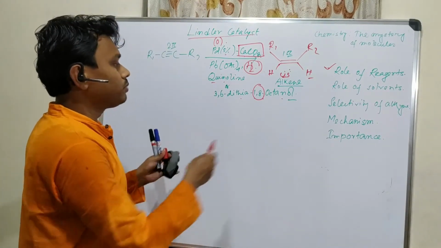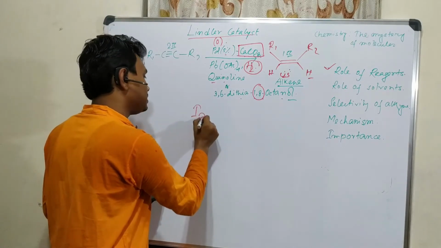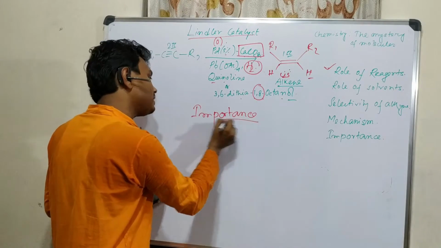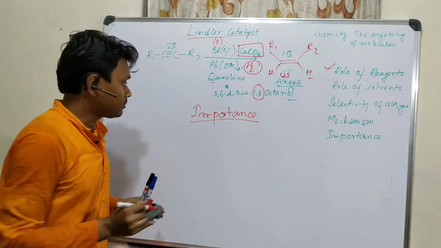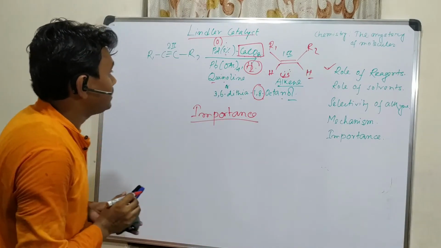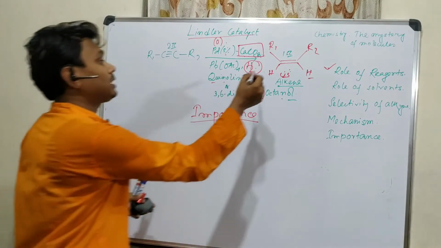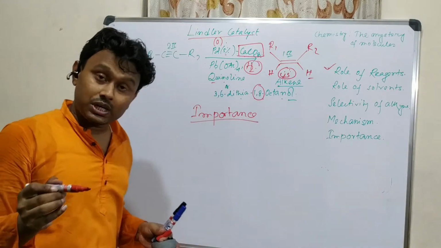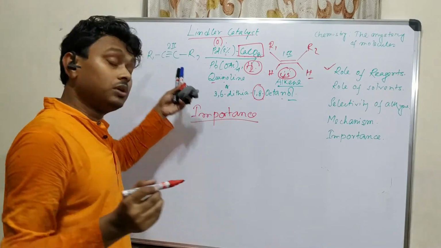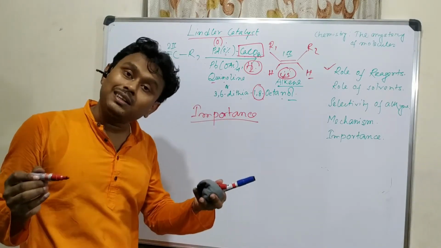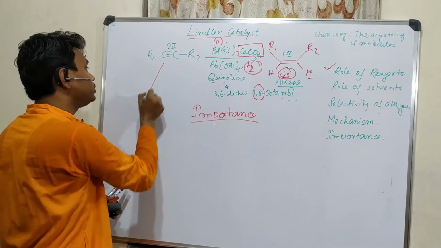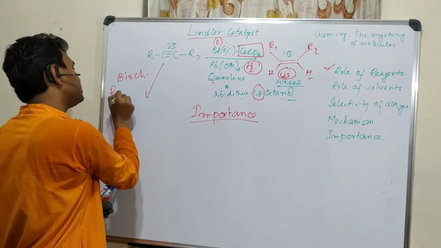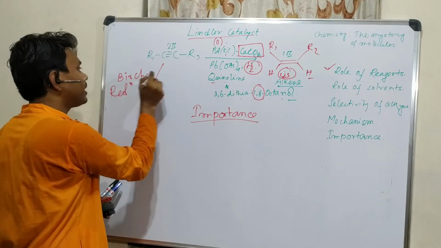And now the most important point which we will explain here, importance. Importance means where this process is applicable. For example, our target is to achieve cis-alkene, and it is not essential that we have to prepare cis-alkene from only acetylene. There should be other options. But if we do Birch reduction, then what happens?